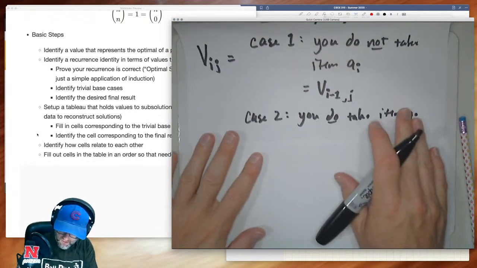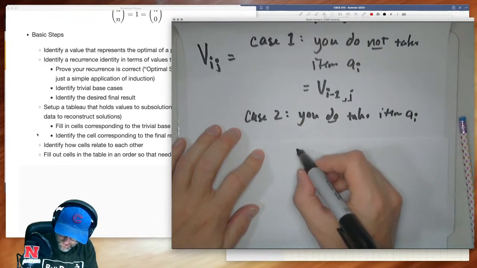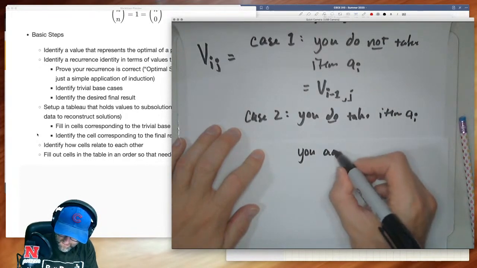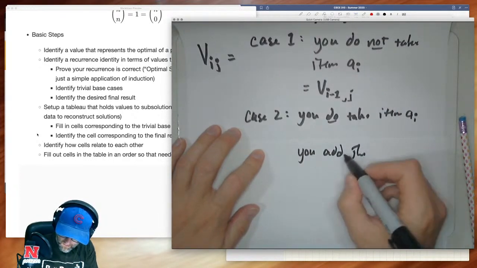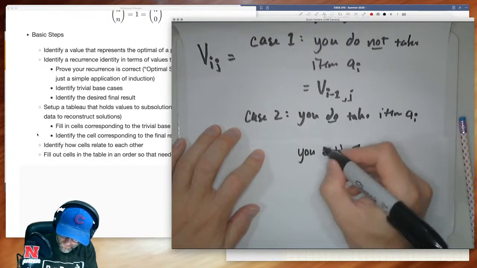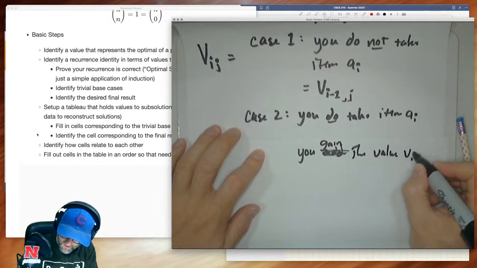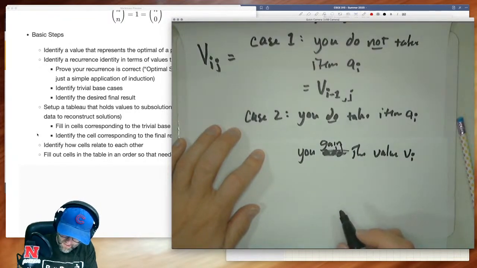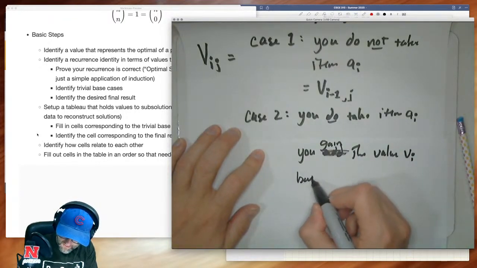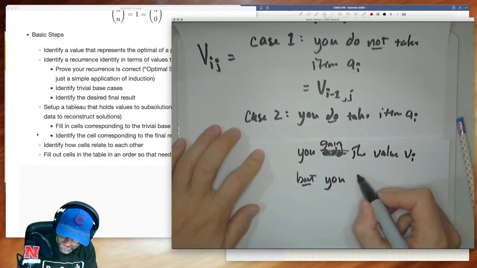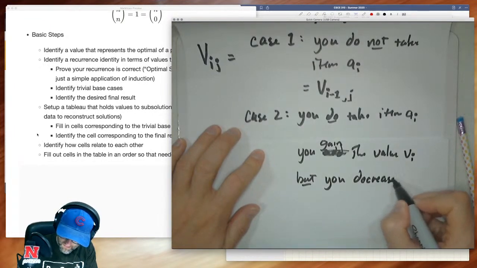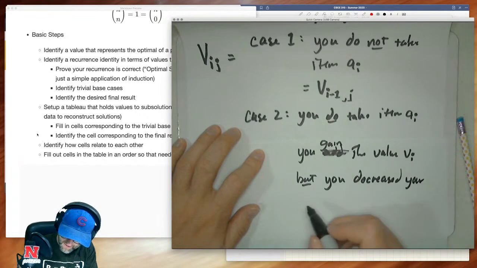You gain the value v sub I, but you decrease your capacity.